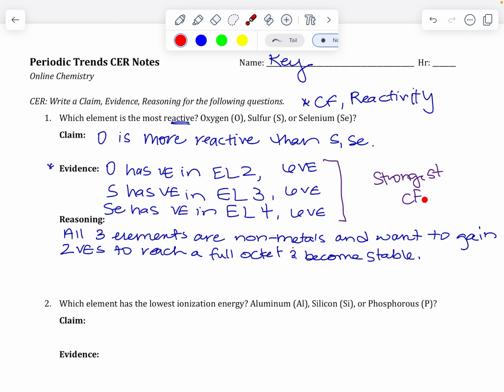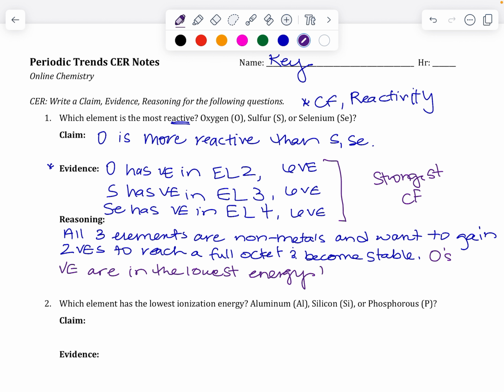And so which one of these is going to have the strongest Coulombic force? Well, oxygen's valence electrons are in the lowest energy level. So let's discuss that. Oxygen's valence electrons are in the lowest energy level. And that means, what about our proximity?